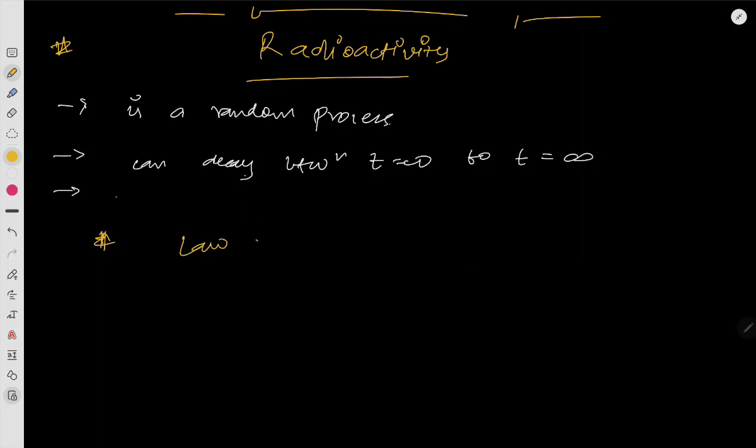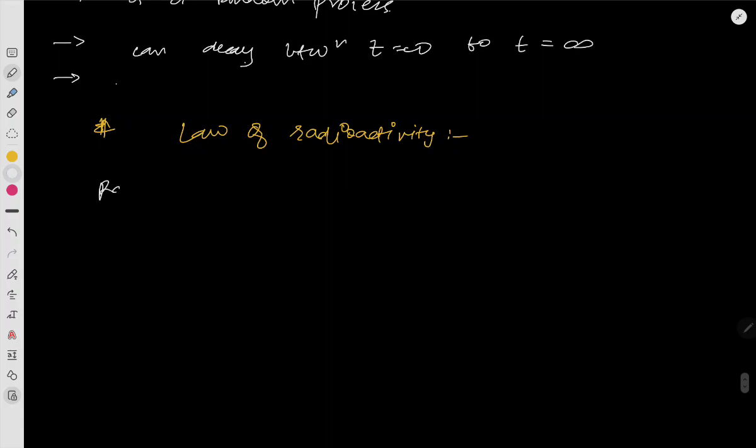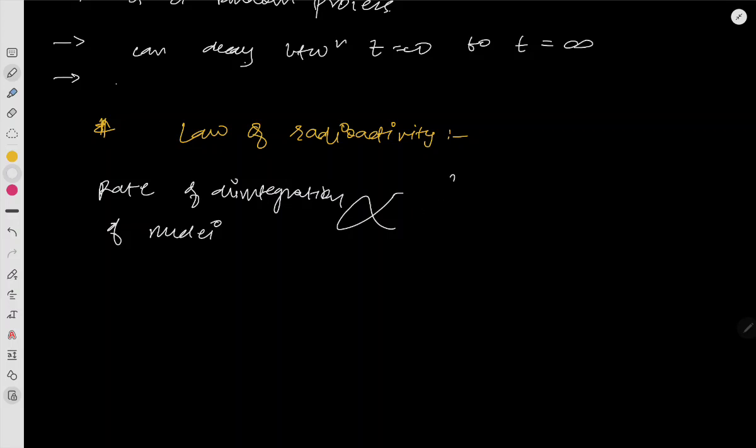So there is this law of radioactivity, and according to it, the rate of disintegration of nuclei is directly proportional to the number of nuclei present at that time.